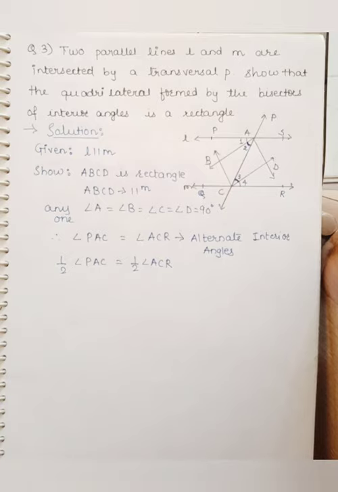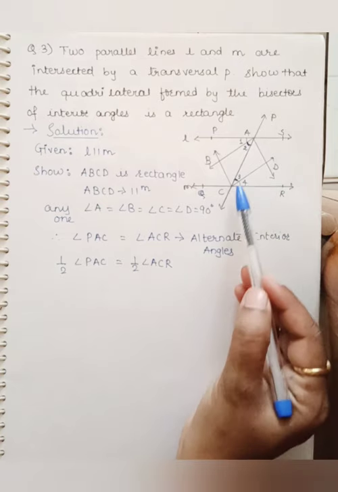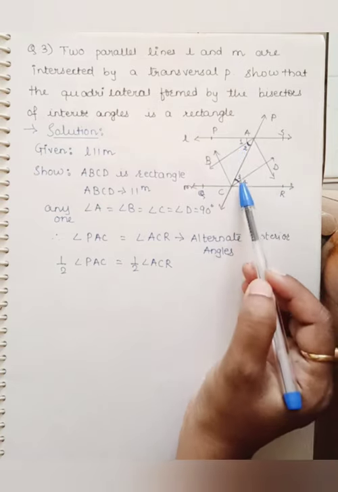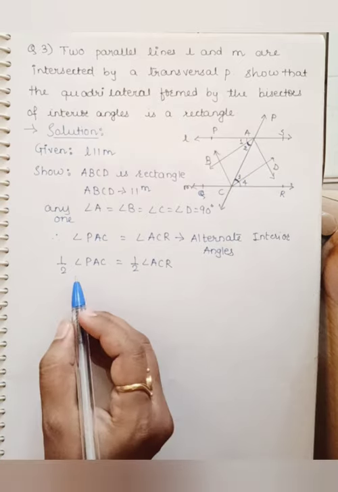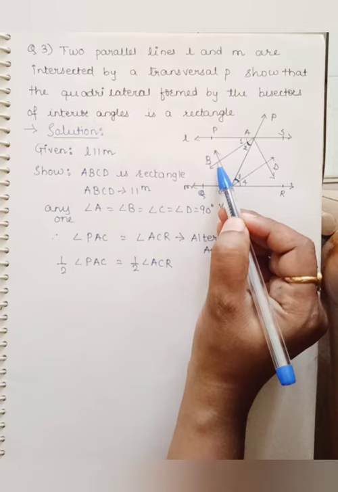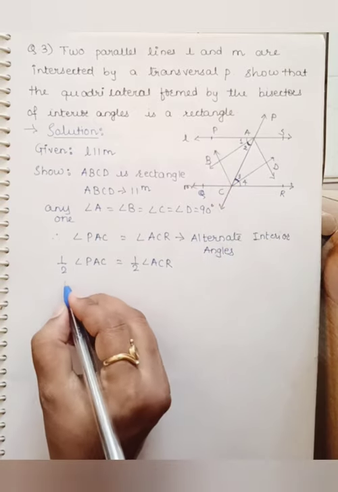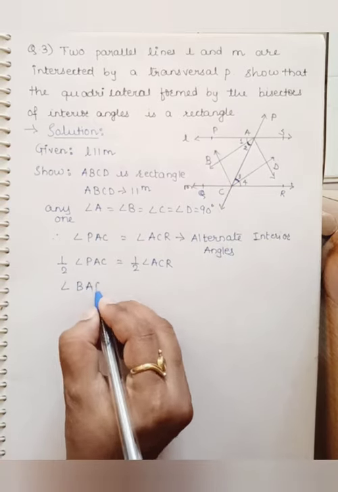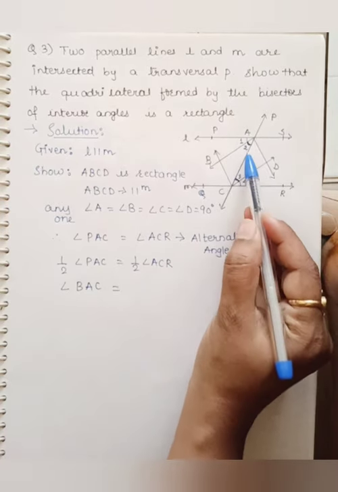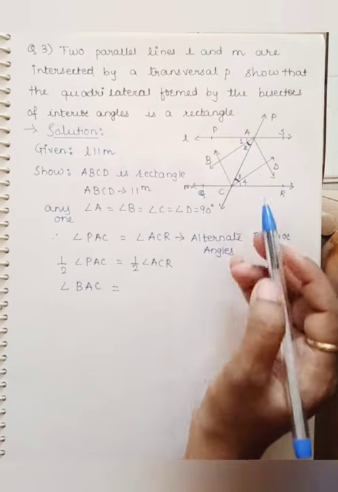Now, why half? Because as I know that AB is angle bisector of PAC, whereas CD is angle bisector of ACR, isn't it? It means angle 1 is equal to angle 2, whereas angle 3 is equal to angle 4. So half of PAC, let us consider the inside angle, that is BAC. So angle BAC is equal to, again half of ACR, consider ACD because we want a relation between angle 2 and angle 3.